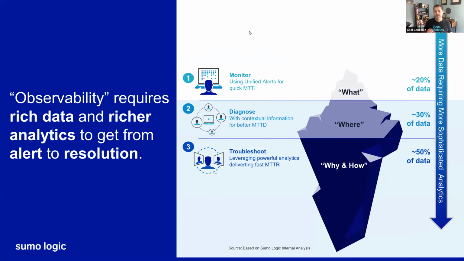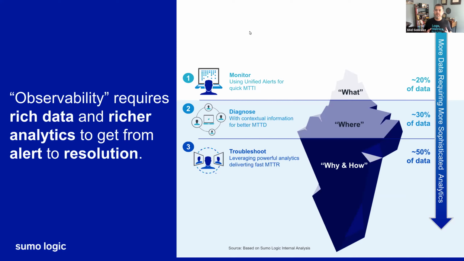As we can see in this iceberg slide, as you go deeper into the application, you're increasing the amount of telemetry that you have to look at to be able to troubleshoot your application. So your metrics get you quick MTTI with unified alerts, and then you want to go and diagnose, and that's where our logs and traces are coming in to give you contextual information for better time to diagnosis.